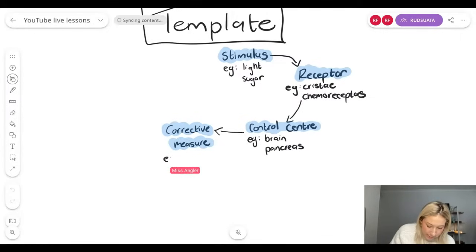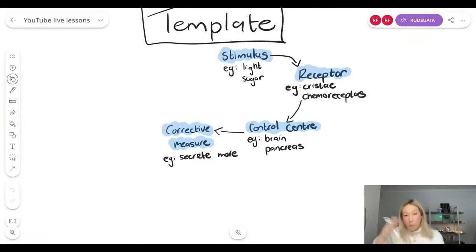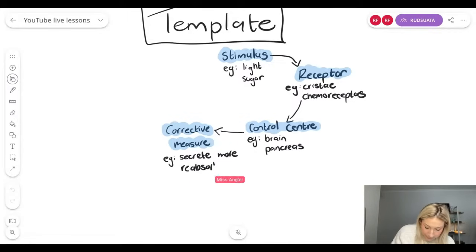So the corrective measure could be secrete more, sweat, secrete more insulin, okay? Or reabsorb more water, reabsorb more salt. That can be the corrective measure. So secrete more, and I'll put here reabsorb less. Let's change it up, make it different. That's the corrective measure. That's the instruction.